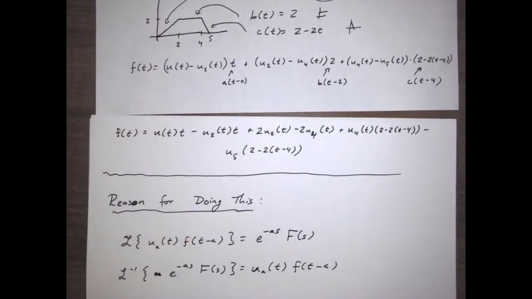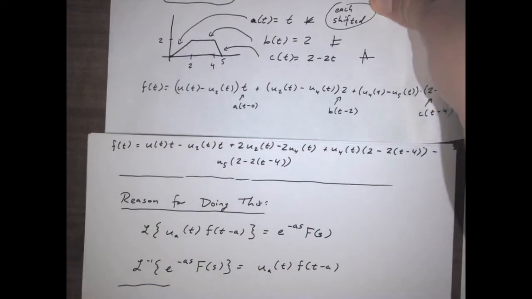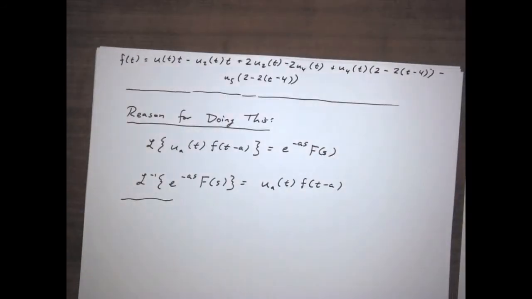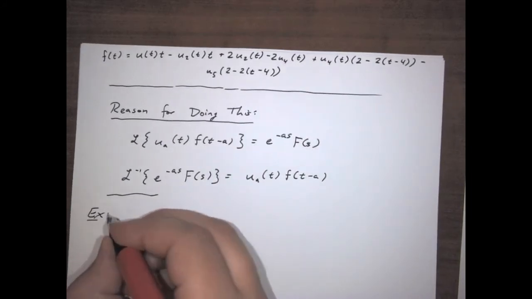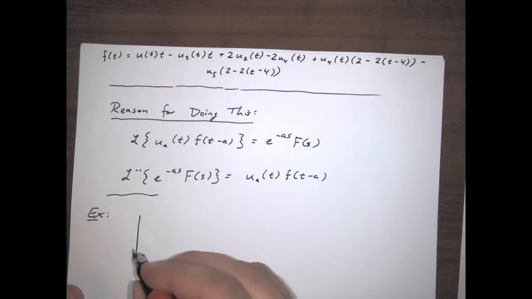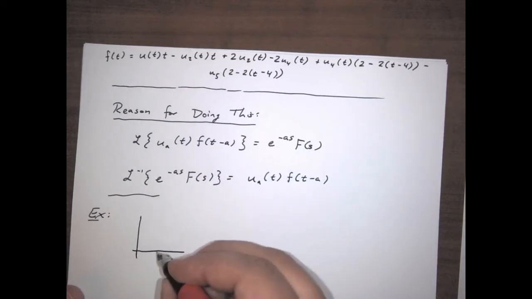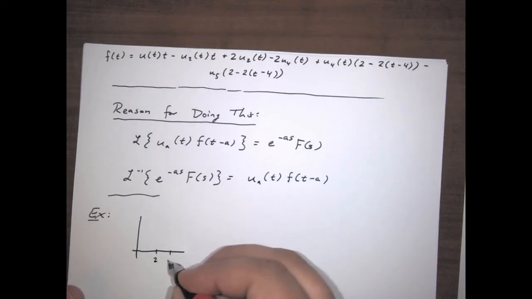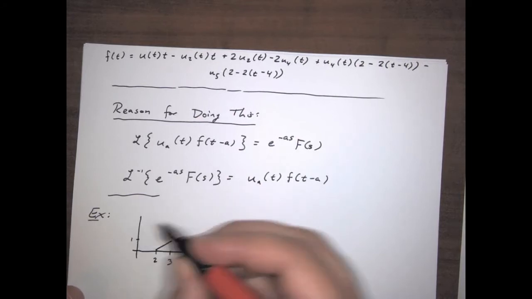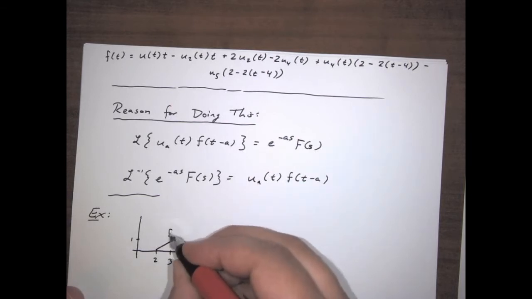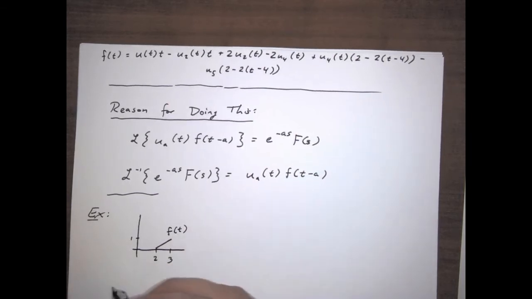Now applying this to the example, let's start with a simpler example. The example will be something like this. Let's say we have a function from 2 to 3 that just goes up like that from 0 to 1. And we'll call that f of t, and the goal will be find capital F of s.